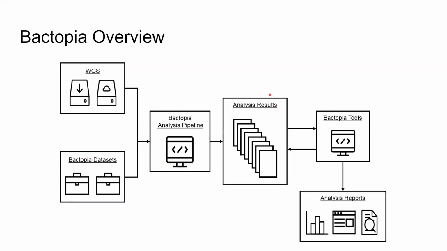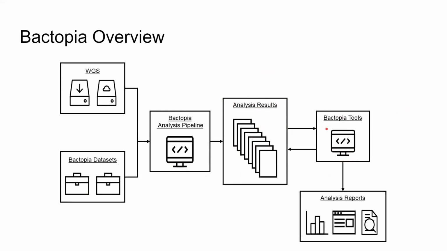And then you get your analysis results in a predictable data structure so that each sample will have the same output structure. And that way we can very easily find all the files that we need to find. There's no random files here, random files there, and trying to figure out where everything is. And then using this standard directory structure, Bactopia tools will use these structures to find the input files that it needs.